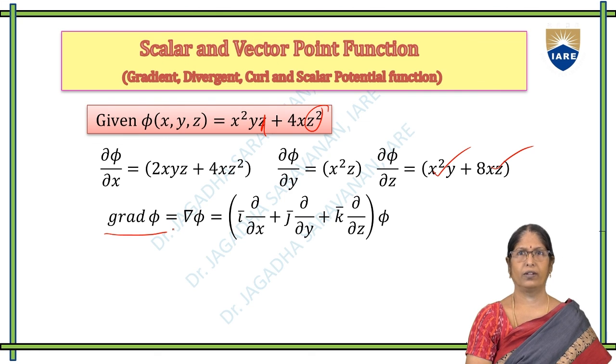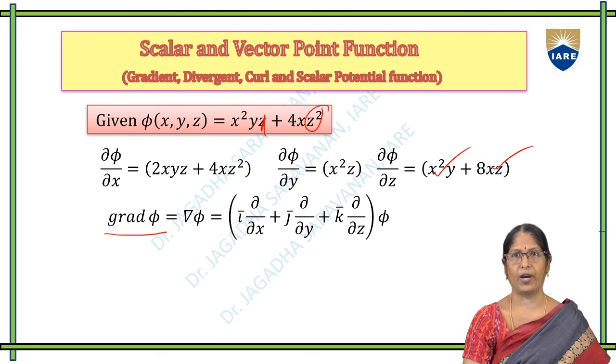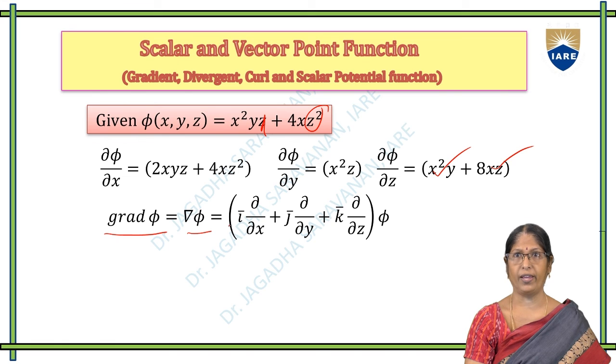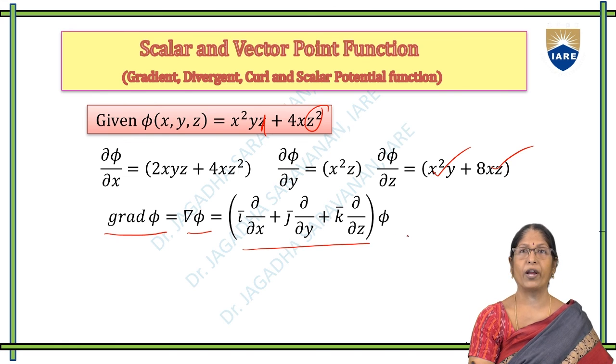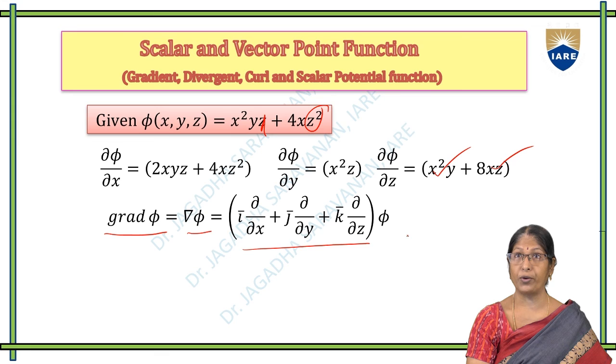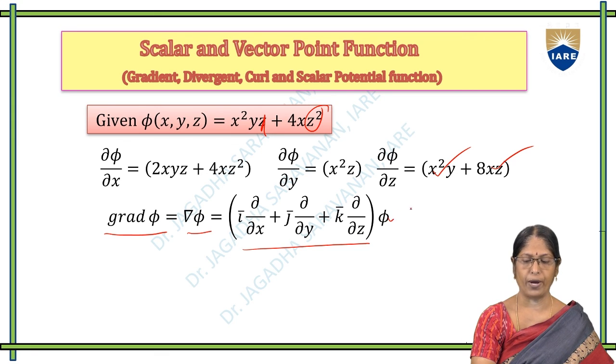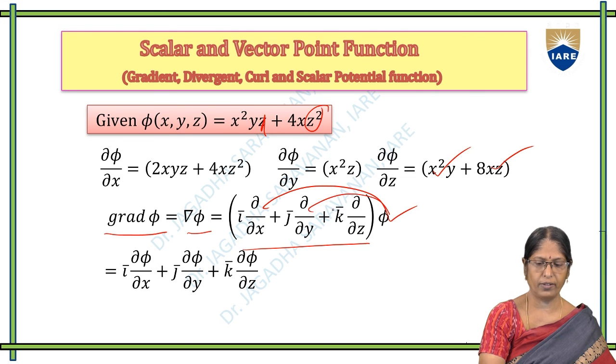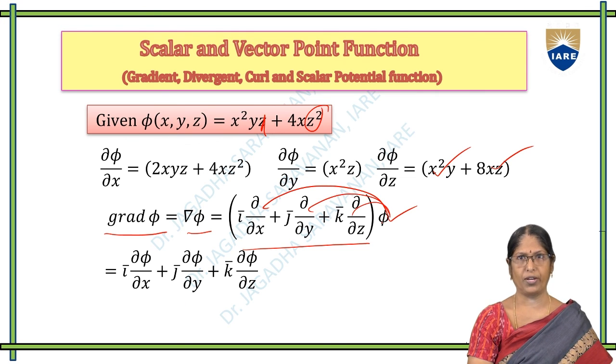We need now the gradient of phi. So the gradient phi, grad phi, is i dou by dou x plus j dou by dou y plus k dou by dou z of phi. We are taking the phi inside, so it is taking its position.